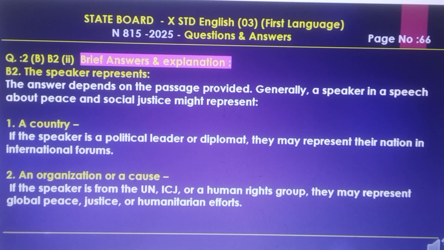If the speaker is a political leader or diplomat, they represent their nations in international forums. The organizations or causes apply if the speaker is from the UN, ICJ or a human rights group; they may represent global peace, justice and humanitarian effort.